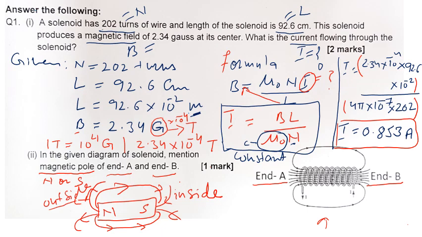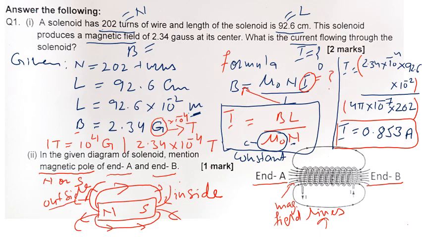Here we have to check, particularly in this diagram, that there are two methods. But in this diagram, if you see these lines, these lines are the magnetic field lines. Now if you see here, these field lines are going out.